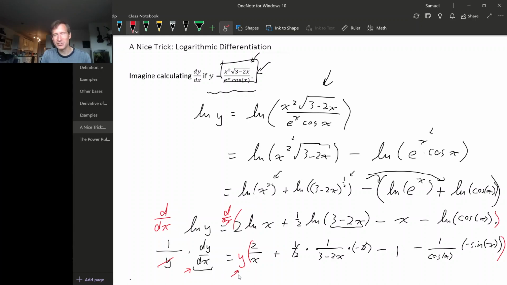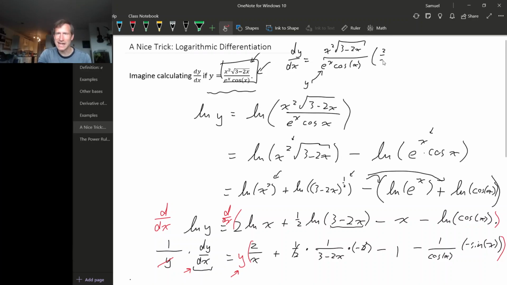All we need to do is express everything in terms of x. So this y, let me write it up at the top because I've got another example waiting below. So now dy/dx is y, which is x squared times the square root of 3 minus 2x over e to the x cosine x, times all this stuff.